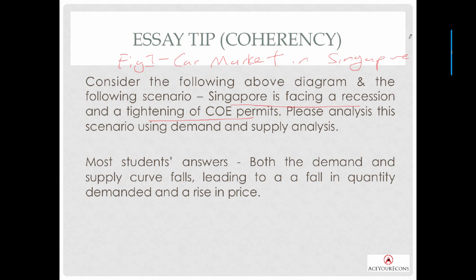If you are new to my class, or you haven't learned anything about diagram drawing, what most students will write is, they will simply state, this is a demand factor, demand will fall. Tightening of COE, lesser cars on the road, supply will fall. Leading to a fall in quantity demanded and a rise in price. Short and sweet. Is it good?